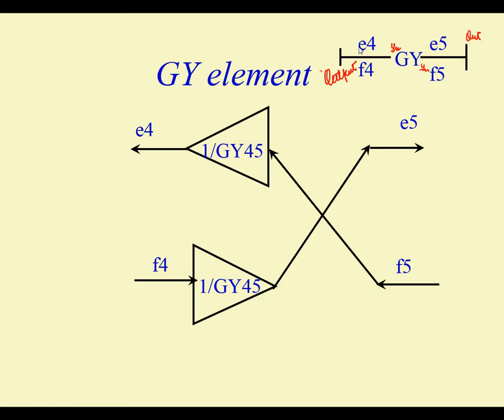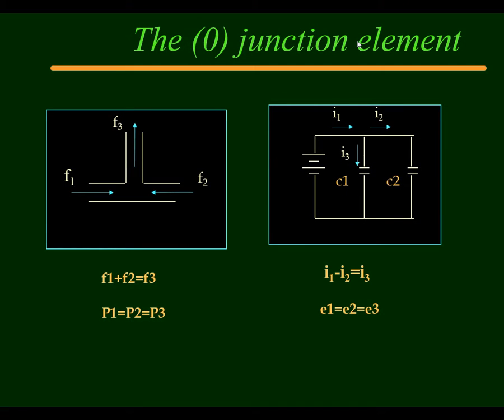The equations are directly related to this block diagram. In fact, I always have said that the block diagram is just a representation of equations. Okay, finally, we need two junction elements. We need to connect these elements that we have seen.